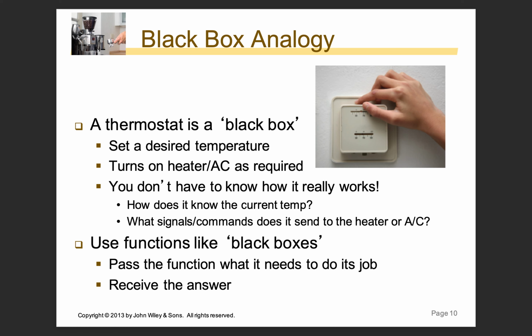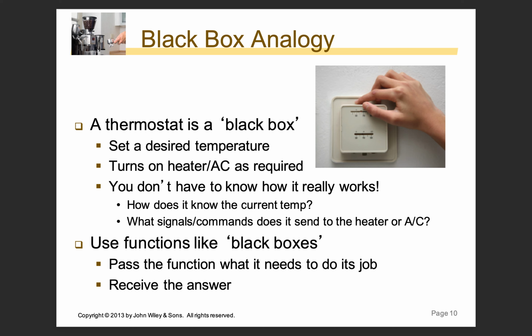We don't need to worry about what signals or commands or instructions the thermostat sends to our heater or air conditioner. All we need to know is that we can set a desired temperature and the thermostat will then do something which gets the temperature of the room up to the desired temperature. And that's our goal when writing functions. We want to write our functions like black boxes.